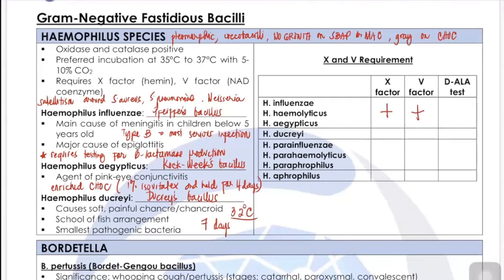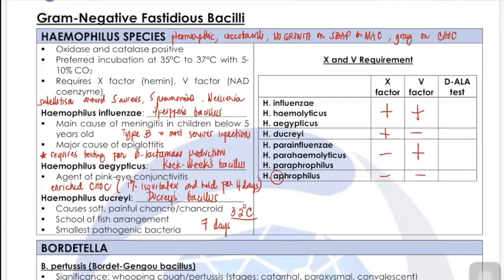Then, si ducreyi, ito yung nagre-require ng X factor lang, hindi niya kailangan yung V factor. Lahat ng merong para sa kanilang pangalan, sila yung nagre-require lang ng V factor. They do not require X factor. Si aphrophilus, tinatandaan ko dito, wala. Usually, pag narinig natin yung A na term, ibig sabihin absence. So, wala siyang kailangan. Hindi niya kailangan ng X tsaka ng V factor.